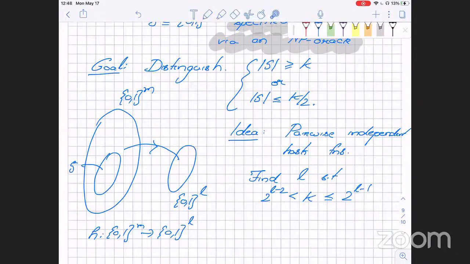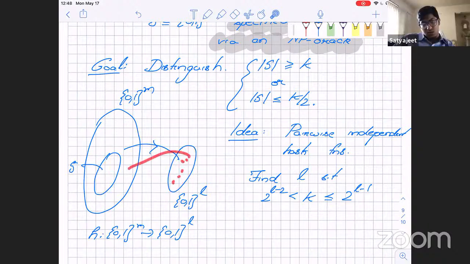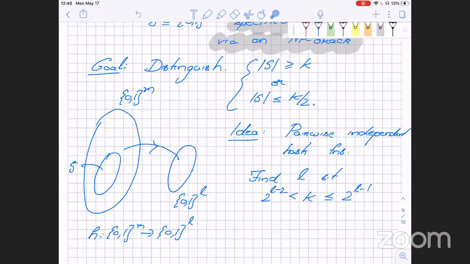Most elements in {0,1}^L will not have a pre-image in S. But if S is large, then because of pairwise independence, most of them get mapped uniquely to different elements. Most elements here will have a pre-image.